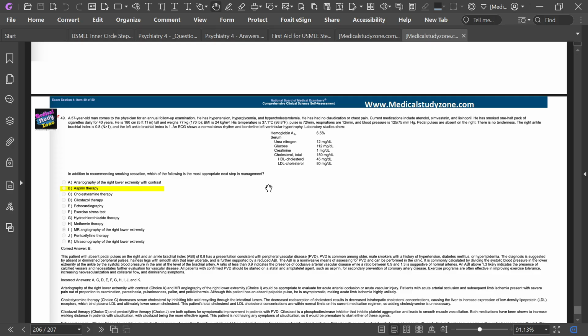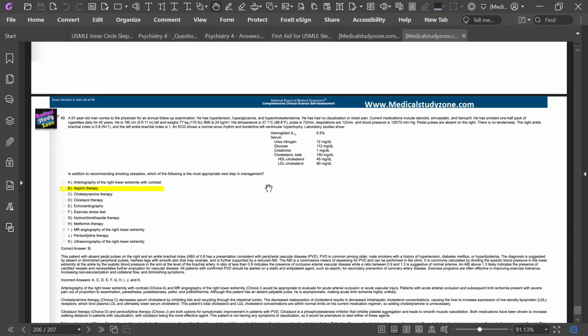It is commonly calculated by dividing the systolic blood pressure in the lower extremity at the ankle by the systolic blood pressure in the arm at the level of the brachial artery.